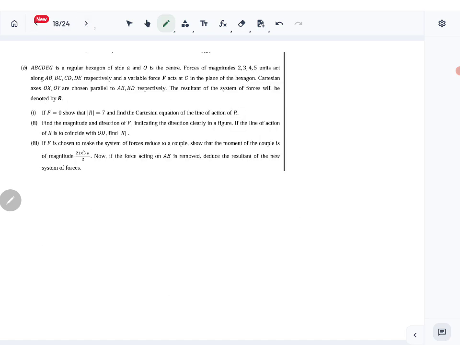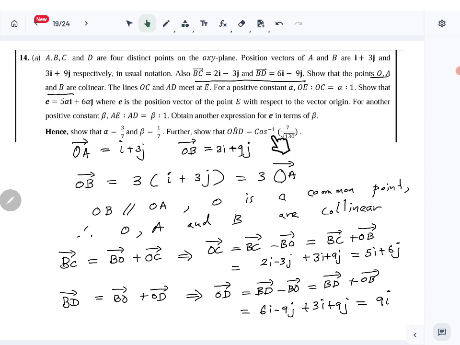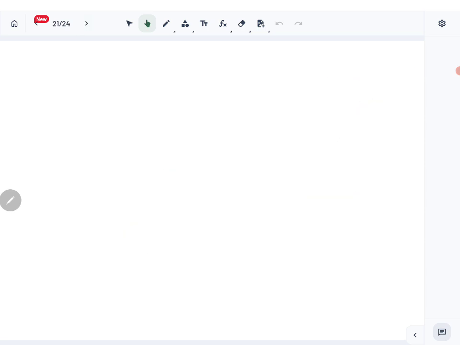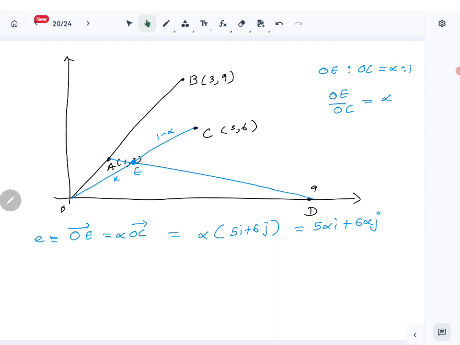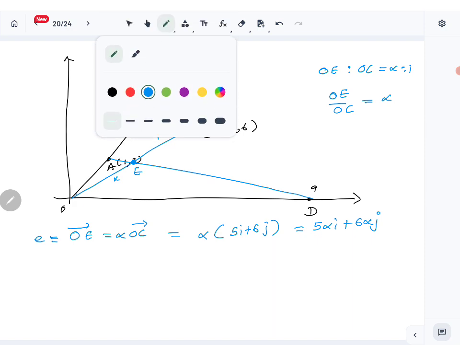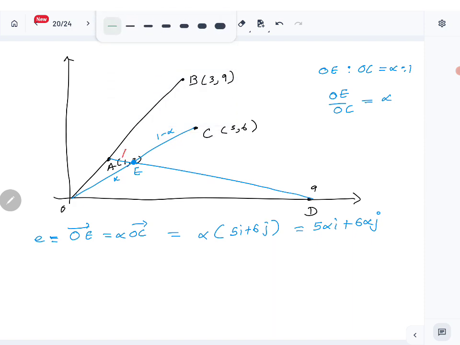Then what? For another positive constant beta, AE to AD is this ratio, beta to 1. Then we need to find another expression for E or OE in terms of beta. So they have given this ratio, AE to AD, which is beta to 1.